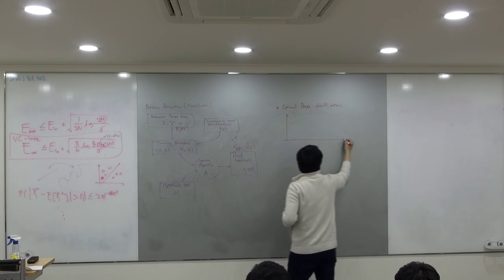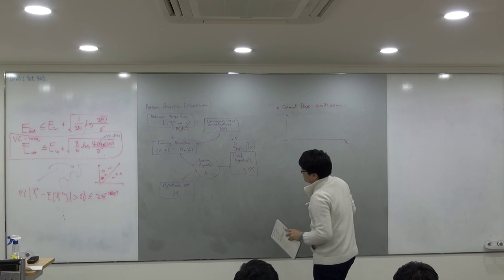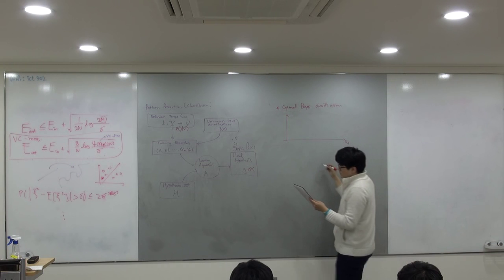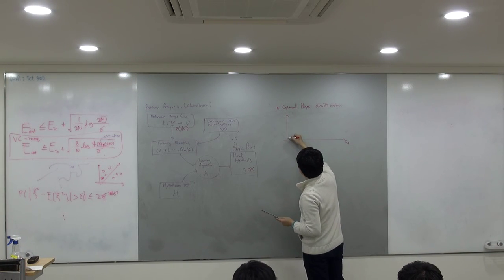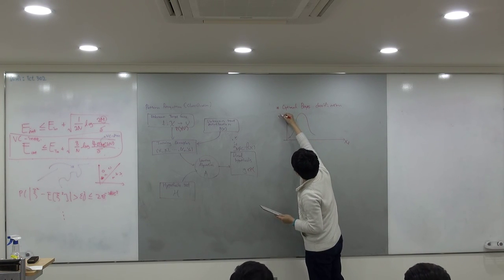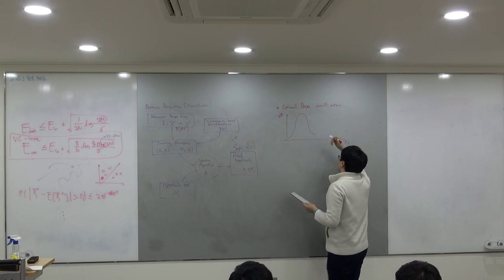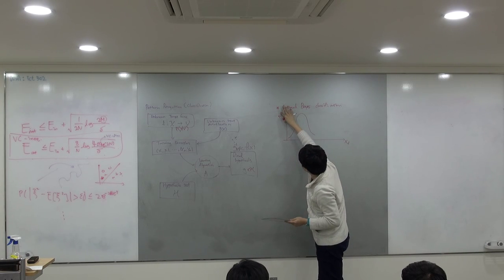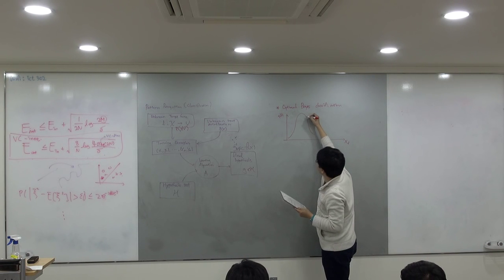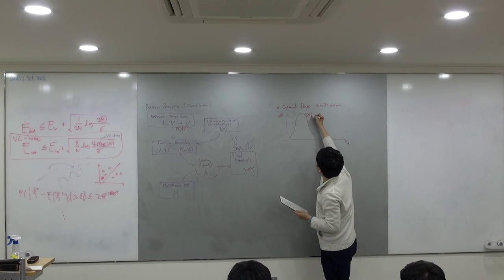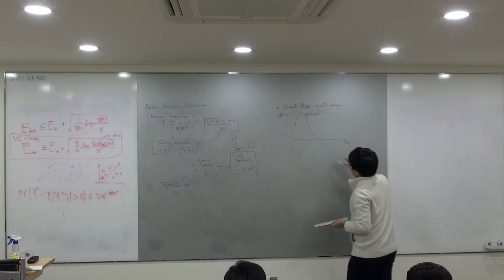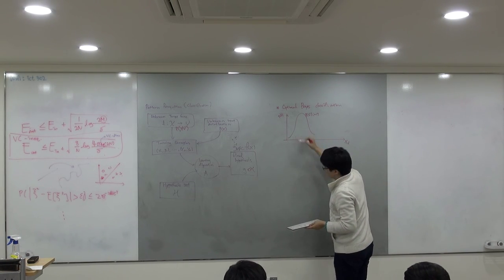Just first consider a single feature. And you have two classes. So the y-axis is the PDF, the probability density. And this is the density for x given class 1.